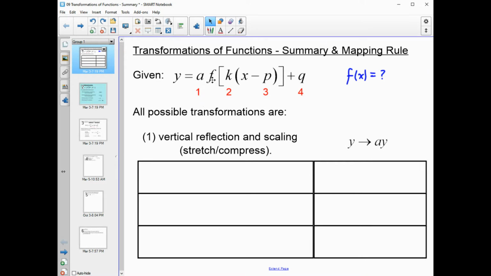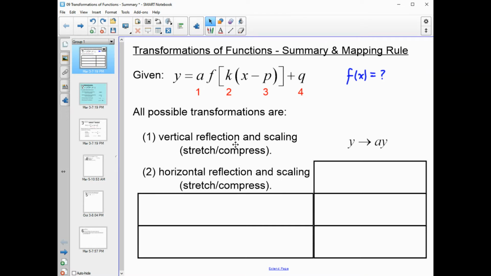Continuing from left to right, now we go inside the function bracket. Standard form is going to have it in this factored form, where the coefficient of the independent variable is 1. So if you've got it written that way, then your k value is very similar to the a value, except now it's representing a horizontal reflection, and it also takes care of any scaling, stretch, or compression.